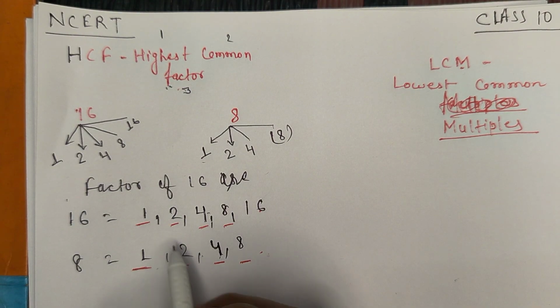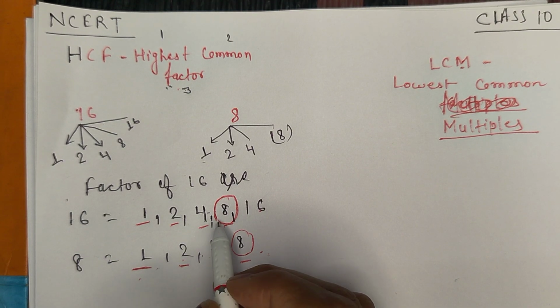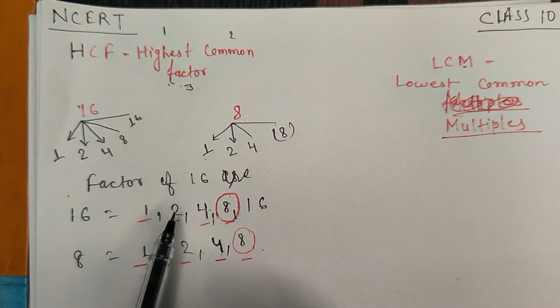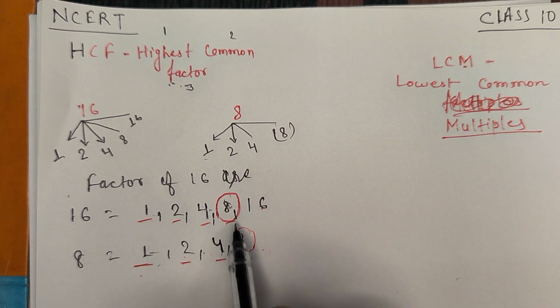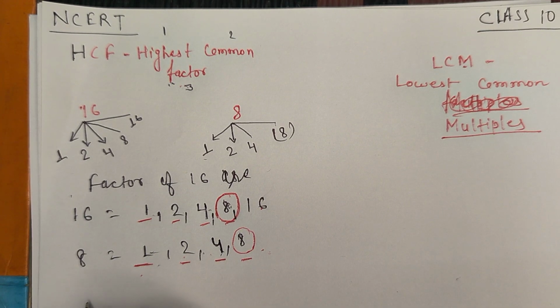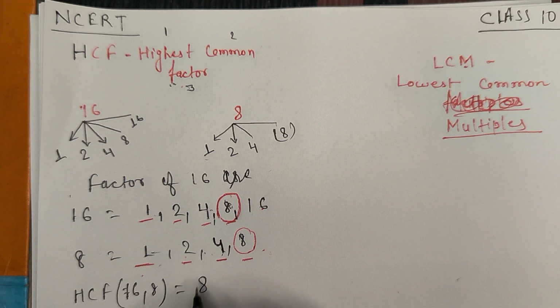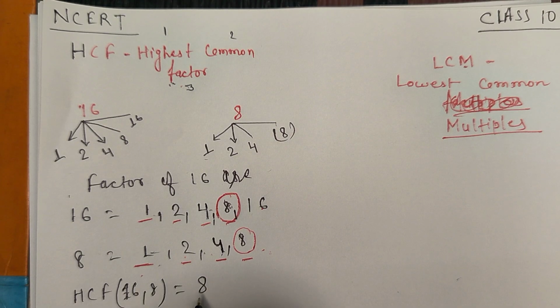What is the highest number among these? 8 is the highest. So I completed highest common factor. So HCF of 16 and 8 equals 8. Understood? Highest common factor.